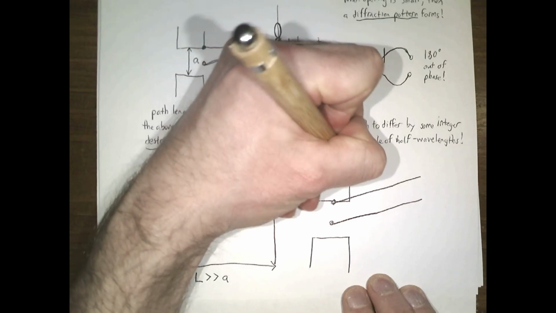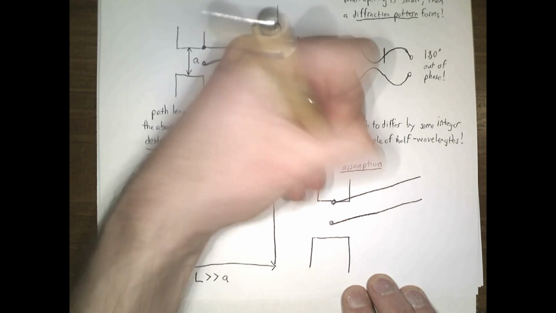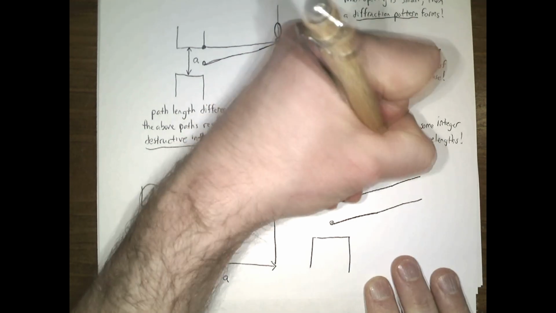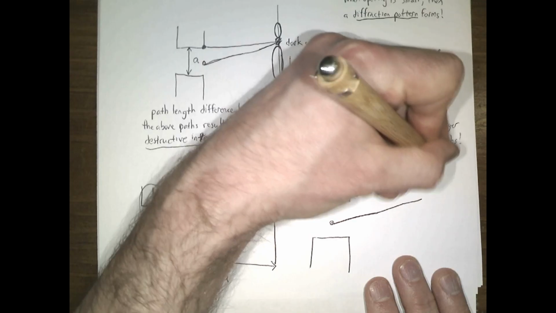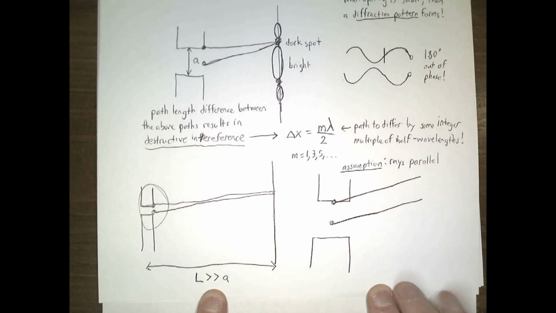They're not actually parallel, but at the end of the day, they're only differing by a fraction of a degree. So we can roughly assume that they are parallel. It's a good approximation as long as the screen is far enough away.